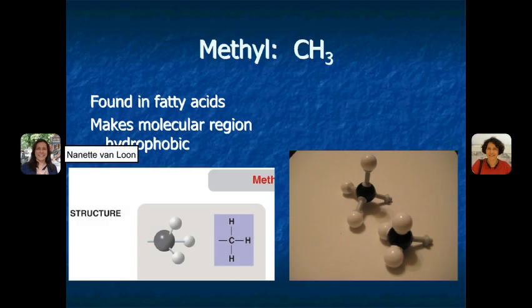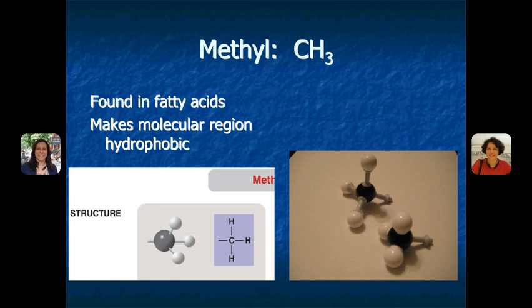The methyl group consists of a carbon atom that is covalently bonded to 3 hydrogen atoms. We find methyl groups as a structural component of fatty acids. The last carbon atom in a fatty acid, the omega carbon, is part of a methyl group.